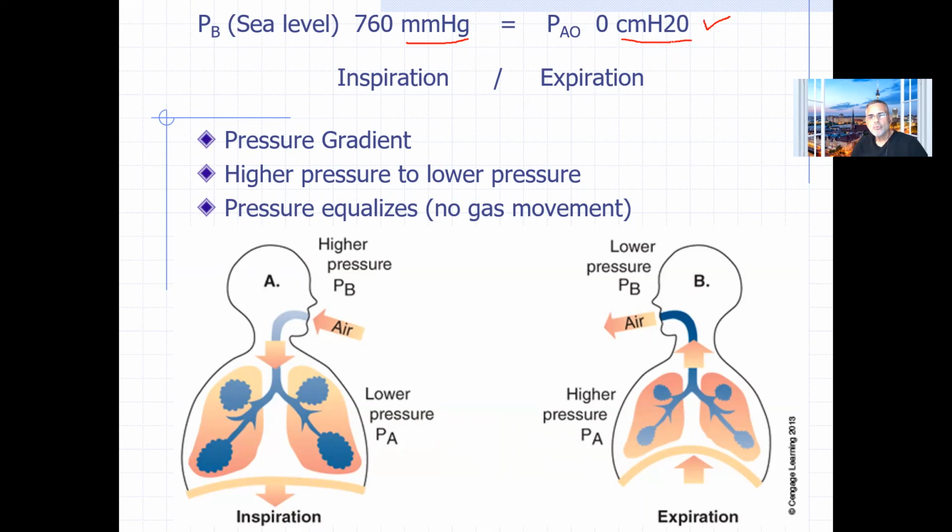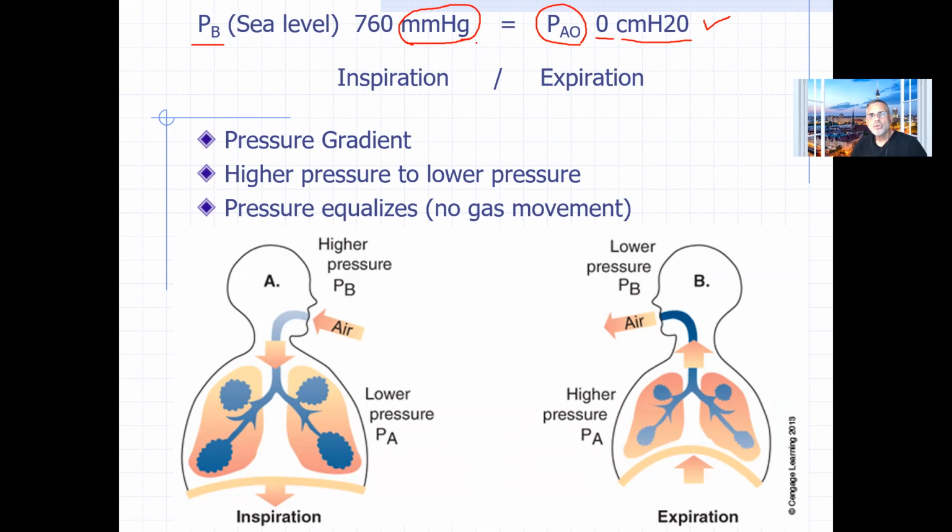Okay? Now note the equivalence here. Barometric pressure at sea level is 760 millimeters of mercury. However, when we start looking at airway pressures, and we're now looking at centimeters of water, that baseline pressure, even though it's 760 millimeters of mercury, we now set that standard to 0 centimeters of water.